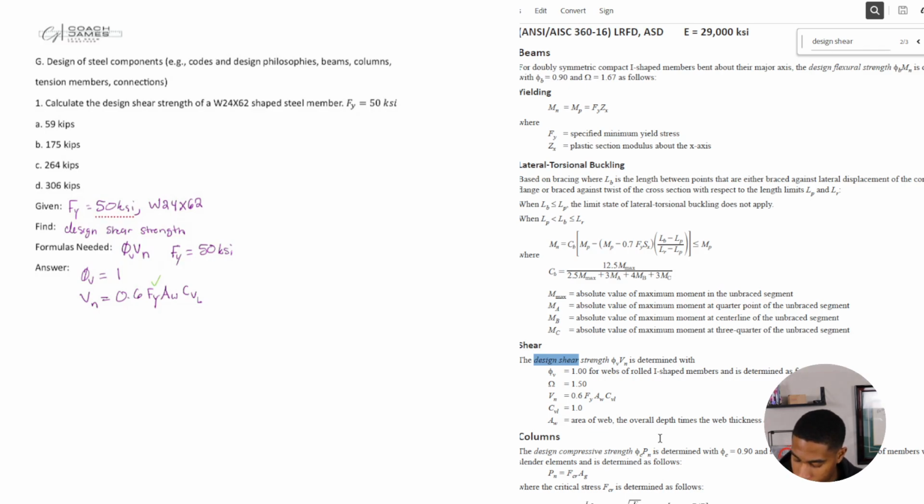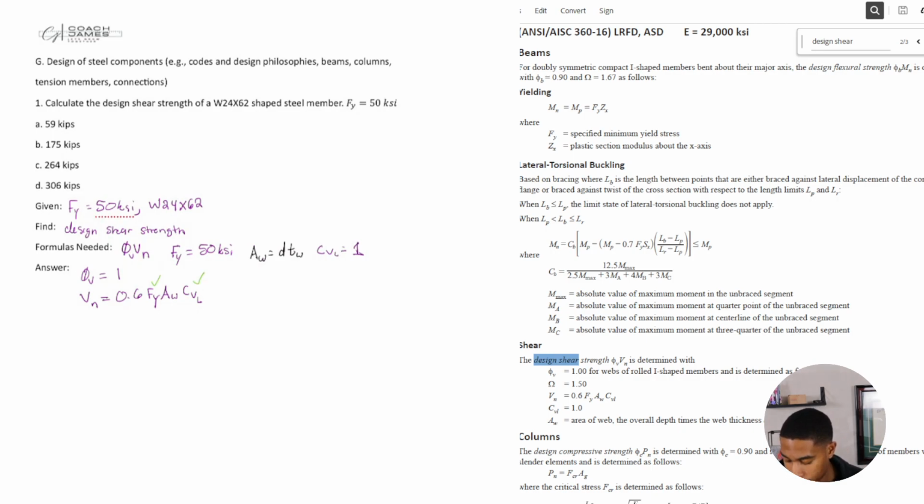We don't have Aw, so Aw is equal to the depth times the web thickness, and that's going to be in inches squared. What about Cv1? Well, Cv1 is equal to 1. Okay, so we have that. We're slowly putting the pieces together.